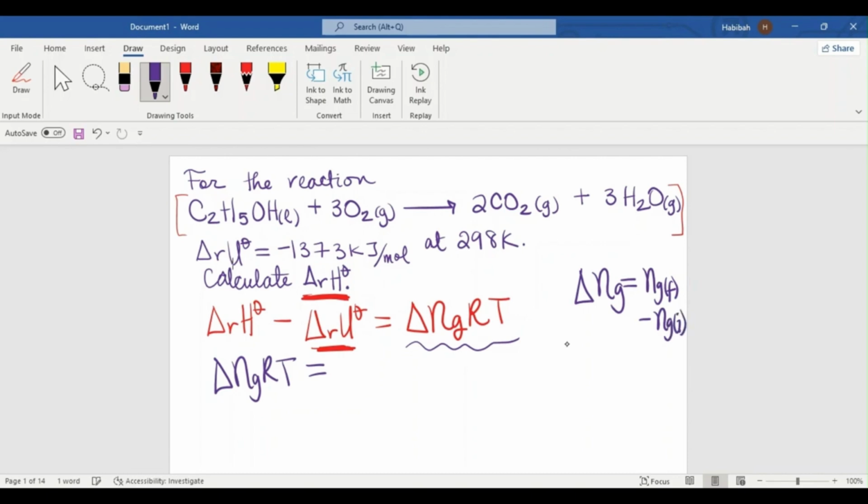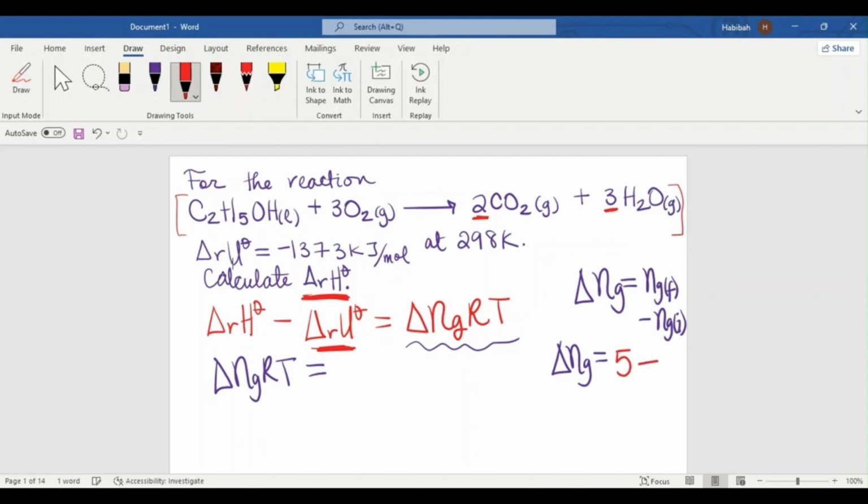So the number of gases at the final state we're going to determine by counting. Currently we have 2 molecules of carbon dioxide and then 3 molecules of water, H2O. So 2 plus 3 is 5. That is the number of gases for the final state.